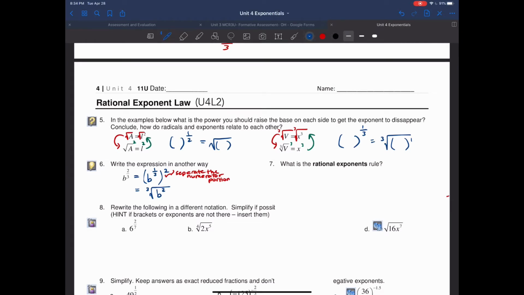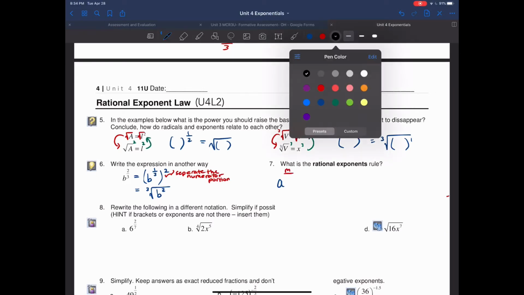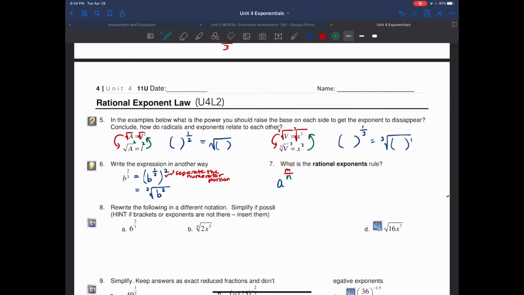Okay, so keep in mind you have a to the exponent m divided by n. All right, so that's the first part. That's one way you can write the exponent in fraction form. And so you have a.